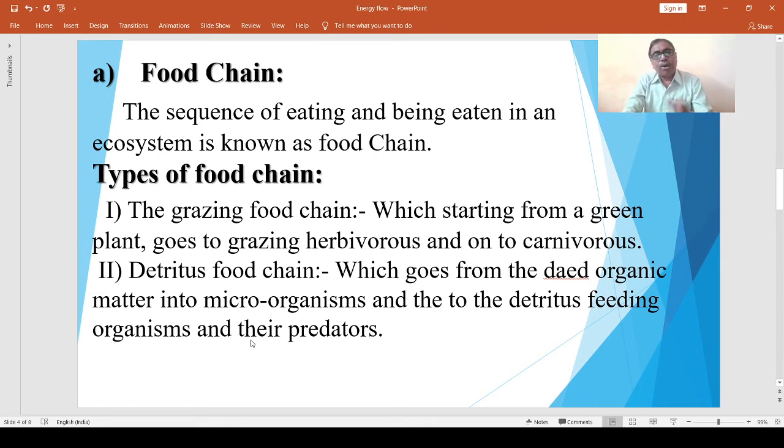This food energy is passed on to heterotrophic organisms in a series of steps. The entire series of organisms through which food energy moves in an ecosystem by a process of eating is called a food chain.